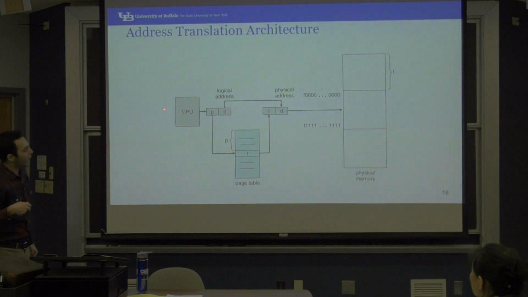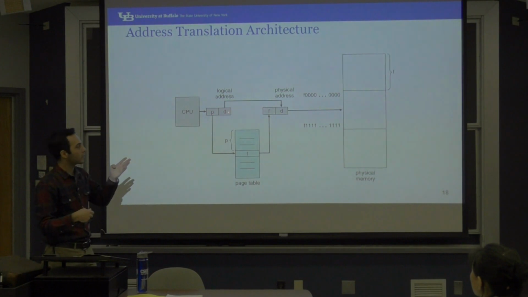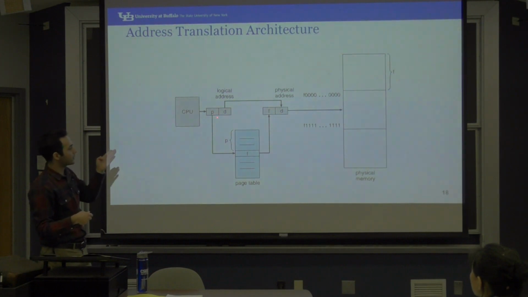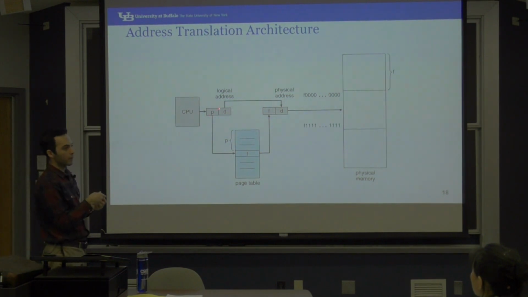When a CPU addresses a logical address, it's divided. The higher bits define the page number. Let's say this is 32 bits. We have the 4 highest bits, which can go from 0 to 15, for the page number, and then the lower 28 bits define the offset.